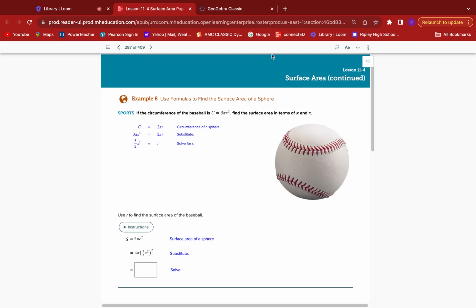All right, we've got 4 pi, now 3 over 2 squared. 3 over 2 squared is 3 squared over 2 squared. So 3 squared is 9, 2 squared is 4.